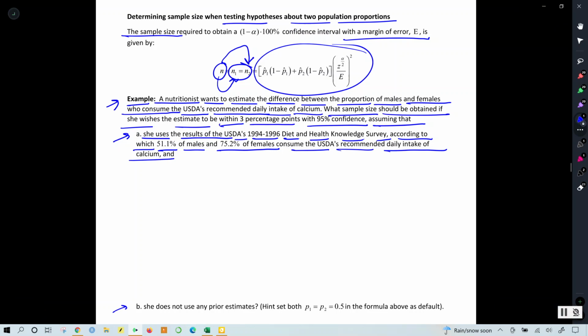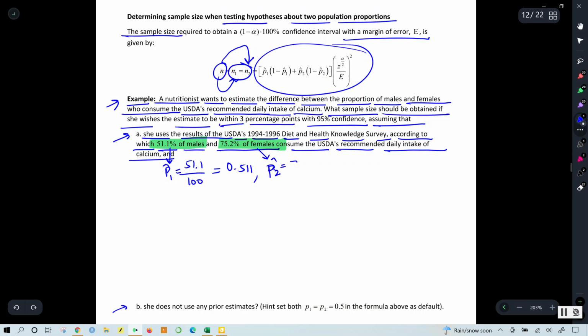In this case, here are a couple of notes. There were previous estimates available. This will be our P1, which is 51.1%. 51.1 divided by 100 is 0.511. And P2 is 75.2%, or 75.2 divided by 100, 0.752.